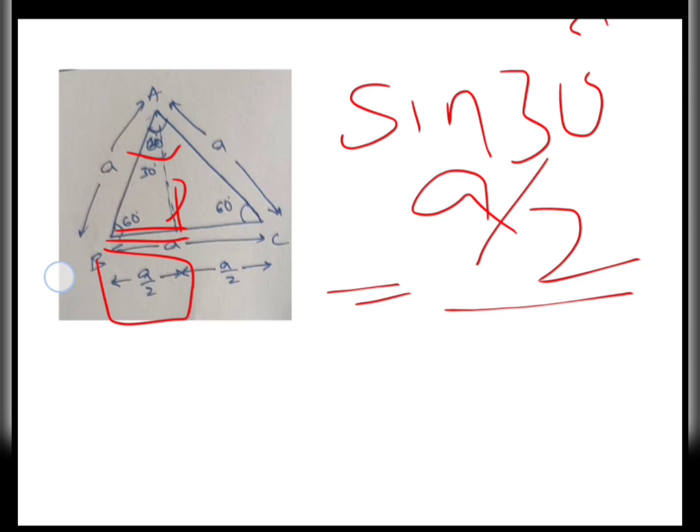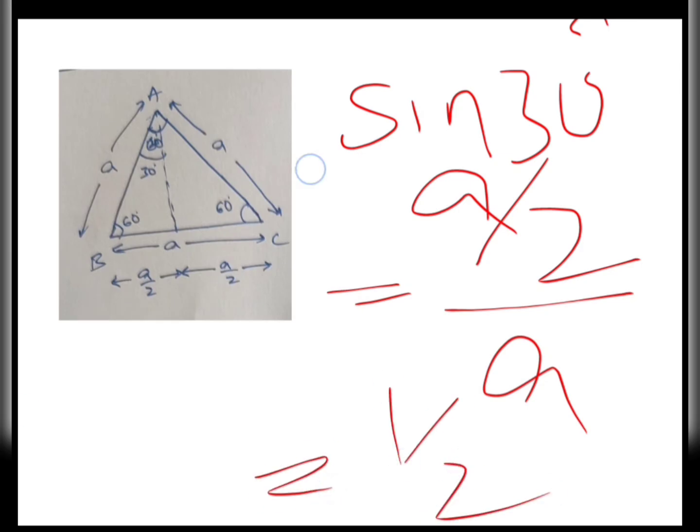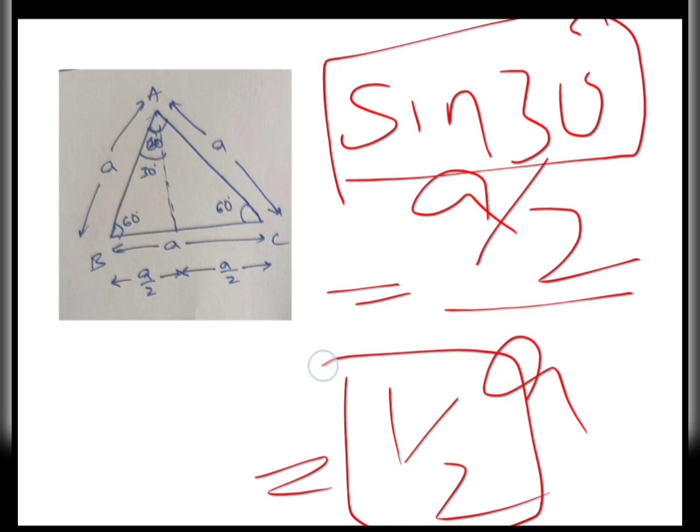Hypotenuse measures the length of A. A by 2 divided by A will give you 1 by 2. Therefore, we have found sin 30 value as 1 by 2.